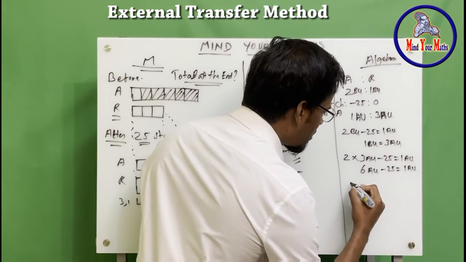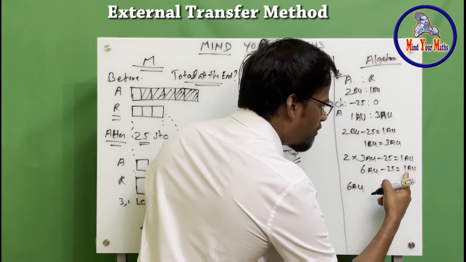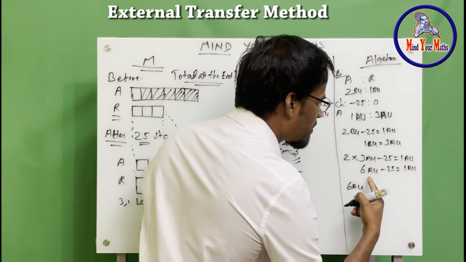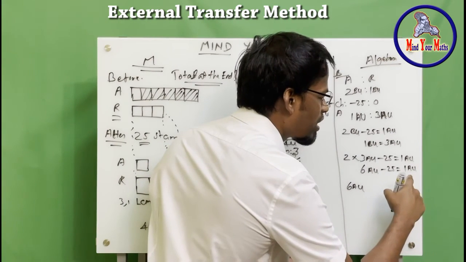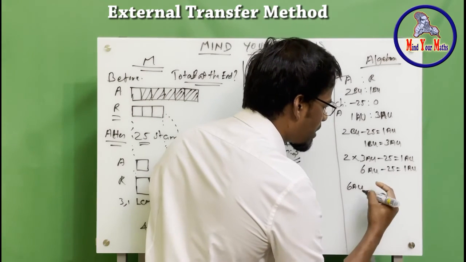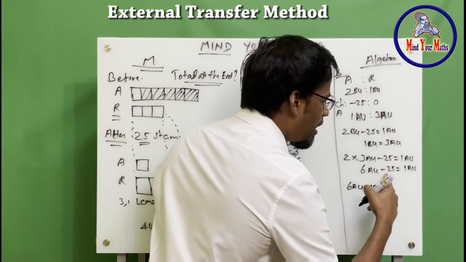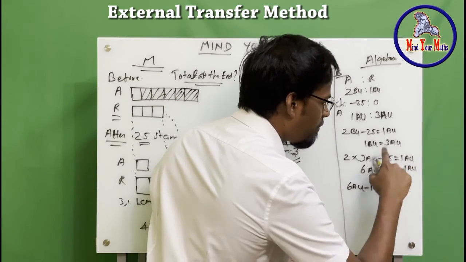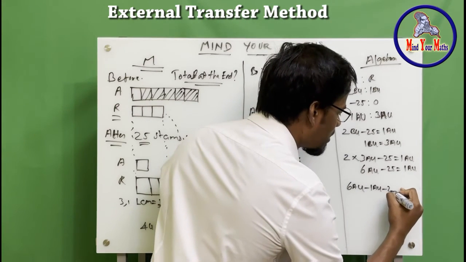So we have to bring all the AU to one side. Let's bring them to the left side, which means we subtract 1 AU on the right side, so let's subtract on the left side as well: minus 1 AU. And we have to make the numbers, the remaining everything, on the right side of the equation. So for that, we have minus 25.